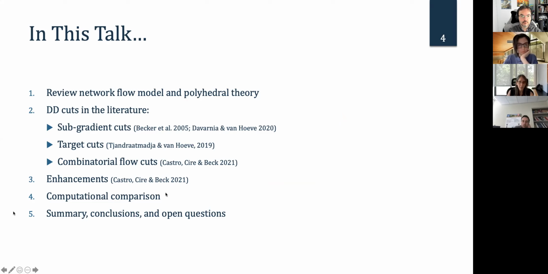Then we're going to see some enhancements, how we can improve these cuts using also decision diagrams. We have some computational comparison between all of these techniques, and summary, conclusions and some open questions. And of course, since this is my talk, I will focus mostly on my work, but I will briefly review the other techniques so we can get a general idea of the different ways that we can generate cuts using decision diagrams.